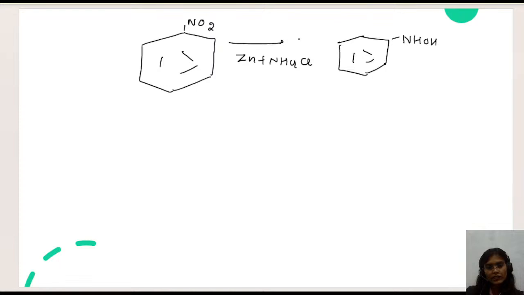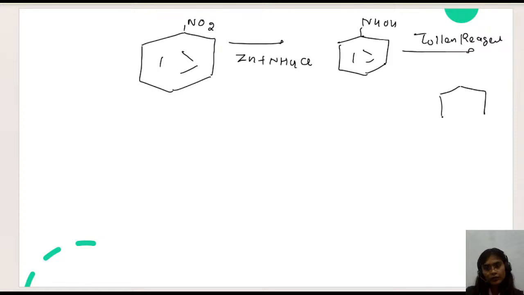It's not like I'm chasing the position, because here space is okay. Wait, let me write here. And then we're using Tollens reagent, so this is formed.